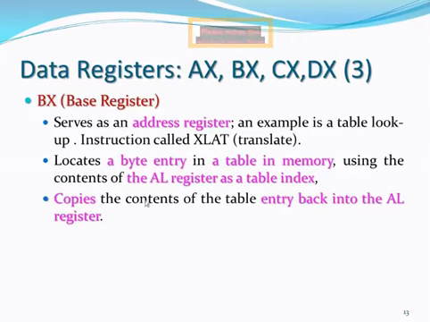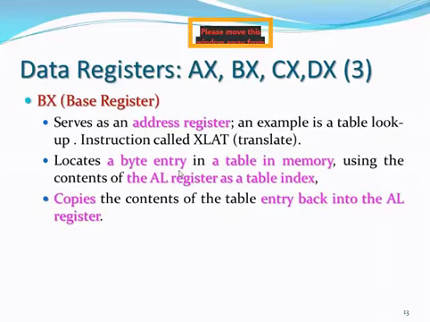And this index, look at this, copies the content of the table entry back into the AL register. So whenever you have the copy of the index, after finding the information, you just replace the lower part of the accumulator register again. Does it make sense?